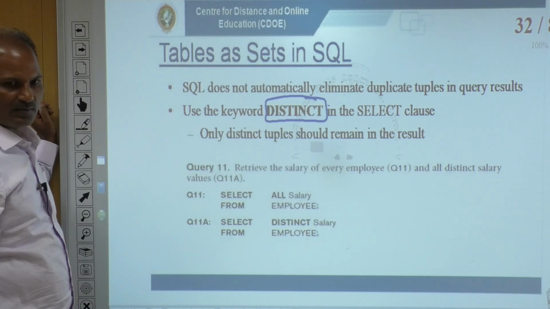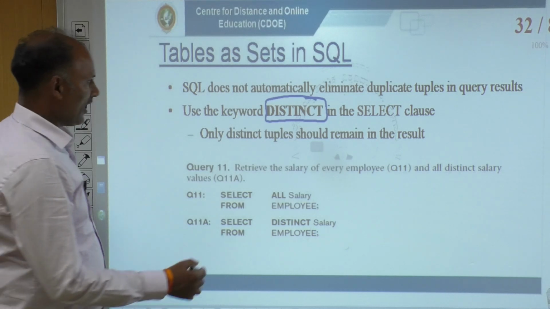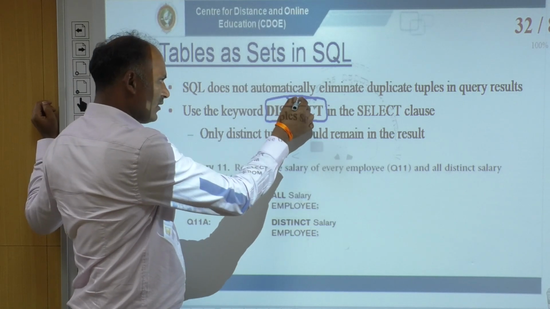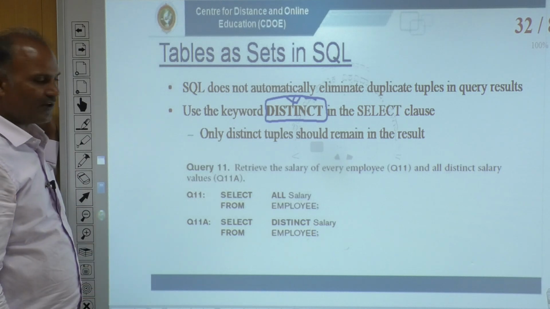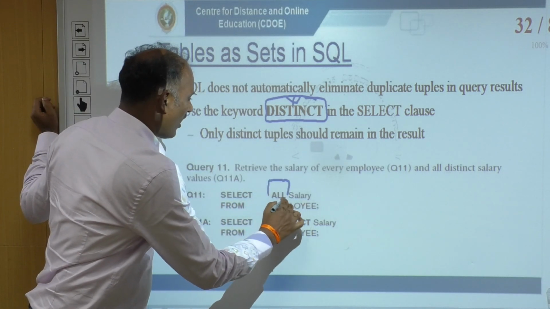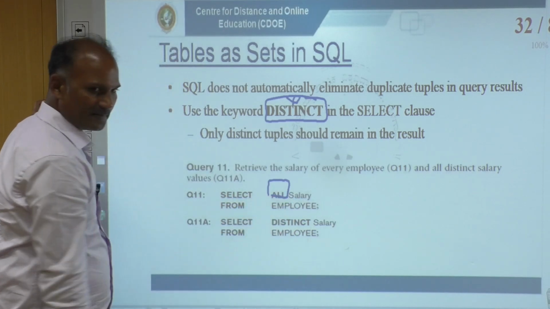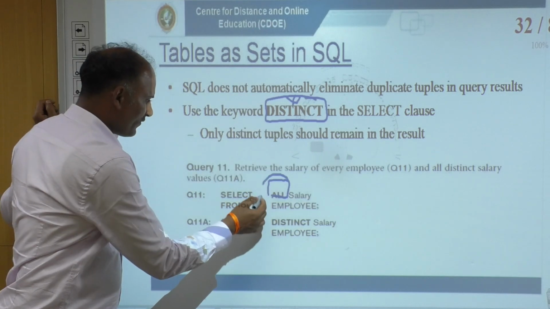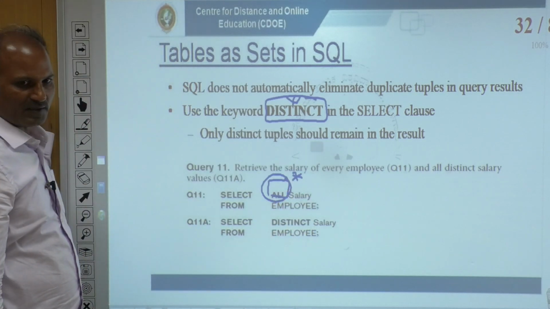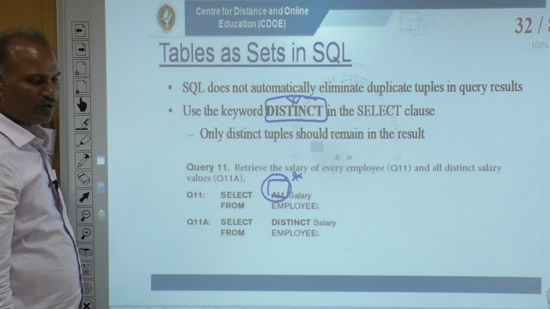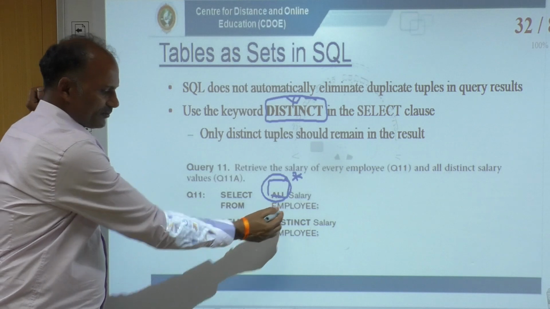And if you want all the records, even if there are duplicate values, then we use a keyword called all. So, select all salary from employee. All is nothing but star, meaning with the duplicate values it displays all the records from the employee table.